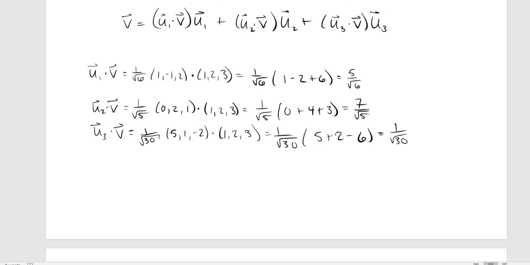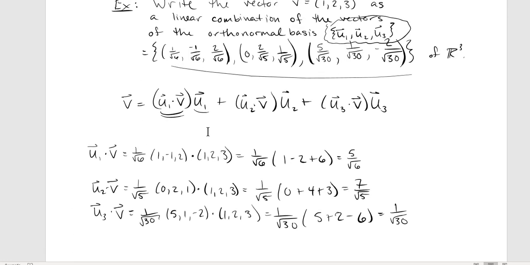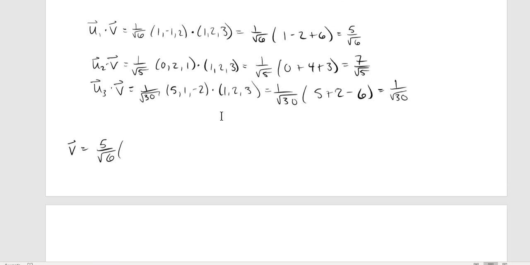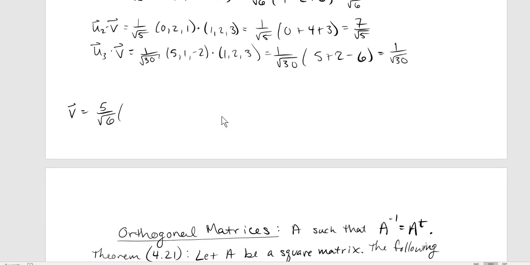We are saying that our v vector equals u1 dot v, which is 5 over root 6. I need that dot product times u1. Now let's remember that vector u1 is 1 over root 6, negative 1 over root 6, 2 over root 6. So that's what I'm attaching to this guy.